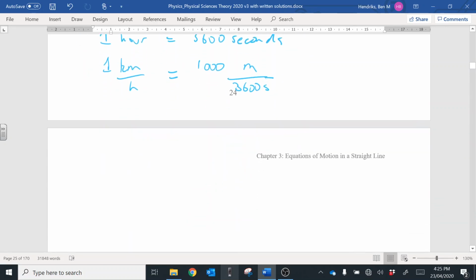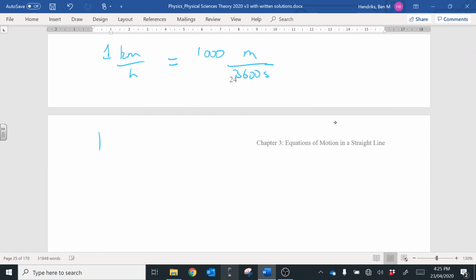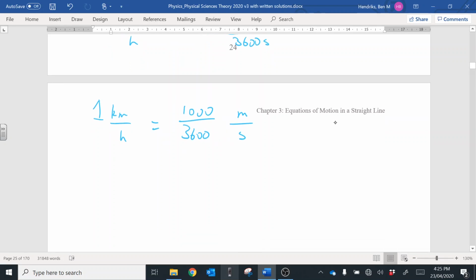Now we want to make that look a bit nicer, so we have 1 kilometre per hour is equal to 1,000 over 3,600 metres over seconds. And then if we simplify this, we are left with 1 kilometre per hour is equal to 1 over 3.6 metres per second.